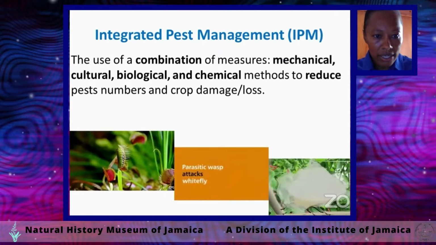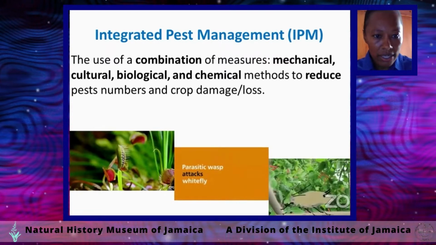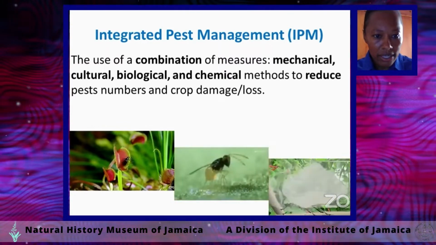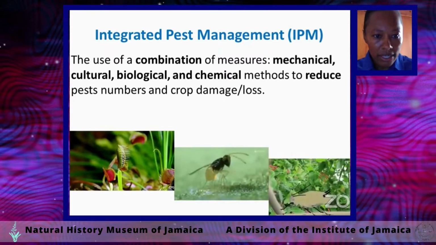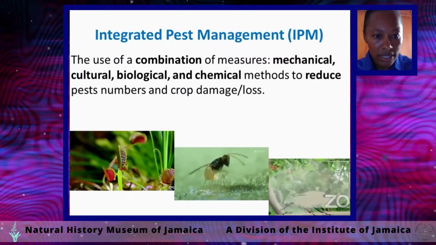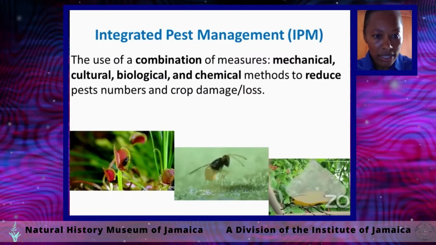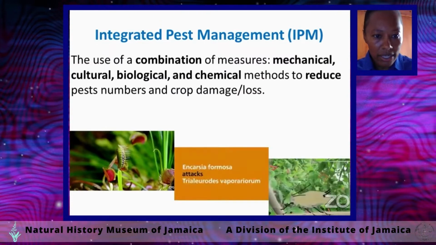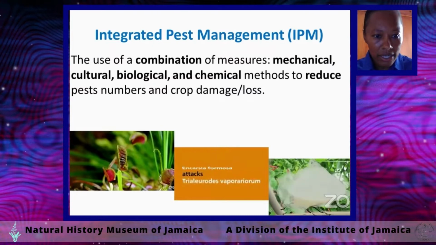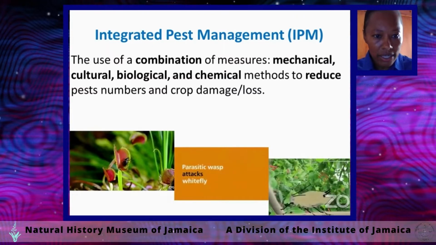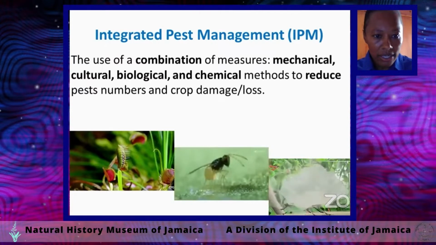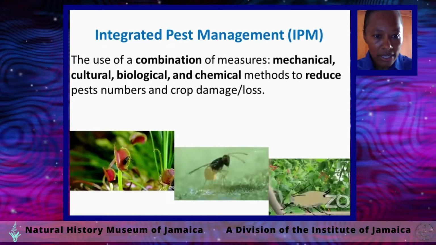And here is where we are with integrated pest management. So integrated pest management is the use of a combination of measures, which includes mechanical, cultural, biological, and chemical methods to reduce pest numbers and crop damage or loss.